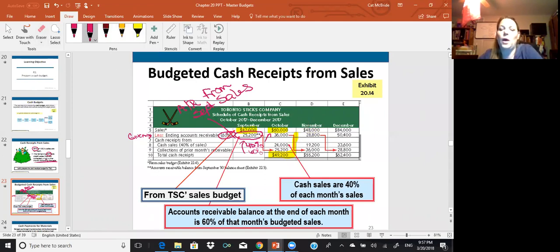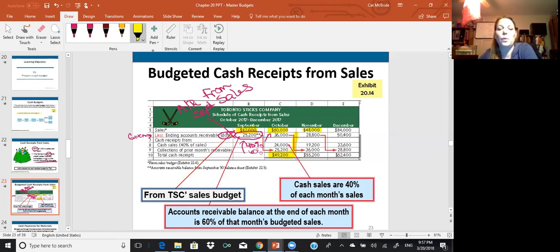Okay. So in November, we plan to sell 48,000. Of that 48,000, 60% won't be collected until the next month. That's the 28,800. 40% will be collected. That's the 19,200. We'll also collect the 60% left over from the previous month. That's the 36,000.